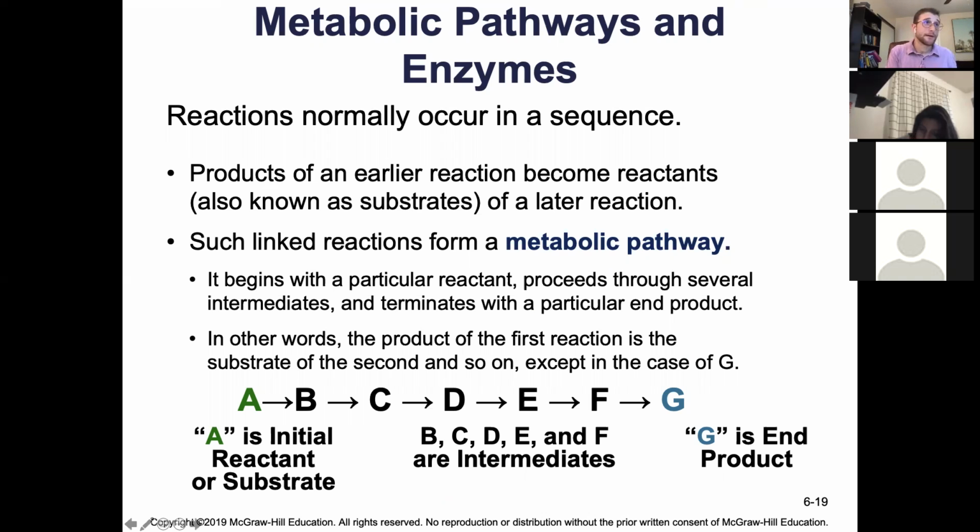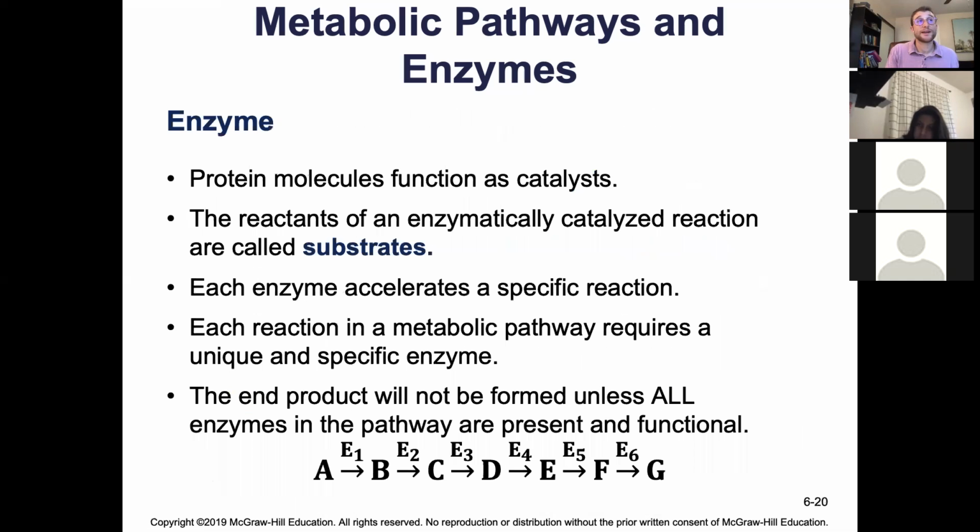Now, a little terminology. A substrate is going to be the reactants of these metabolic processes. So A is our initial substrate, B is our initial product, which will become our next substrate for the next reaction. And these will all be intermediate substrates to finally get to our end product G. But in order to have these reactions occur, we need an enzyme.